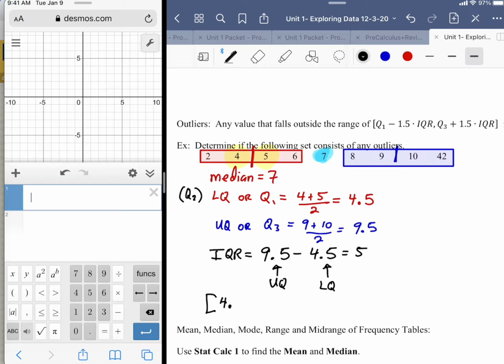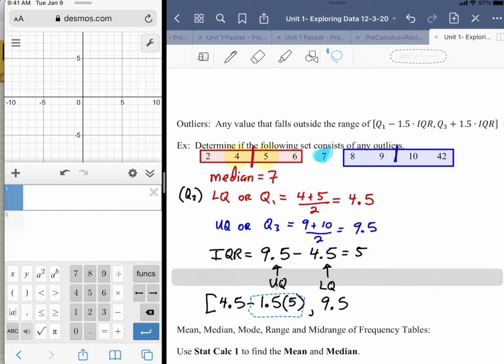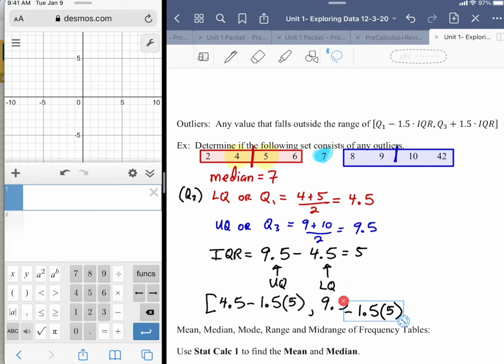Q1, 4.5, minus 1.5 multiplied by the IQR, which is 5, comma, UQ, which is 9.5, plus 1.5 times the IQR, and then simplify, and you'll get your values. 1.5 times 5 is going to be 7.5.